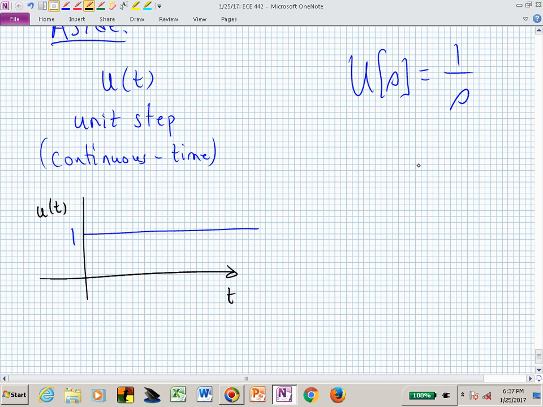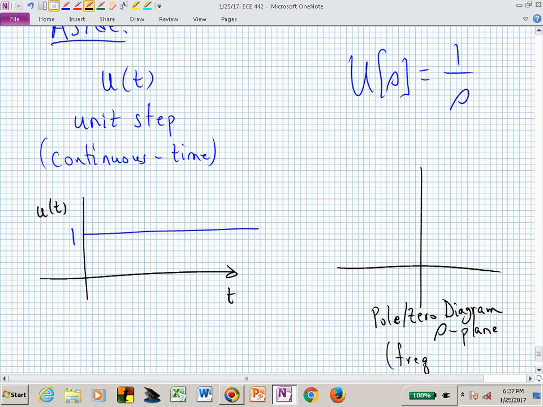In the frequency domain, what's our pole zero diagram look like in the s-plane? Do we have any finite zeros? Do we have any finite values of s that cause capital U of s to vanish? No. There's nothing in the numerator as a function of s.